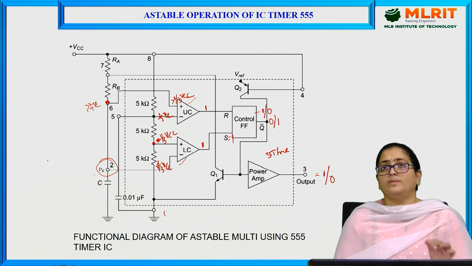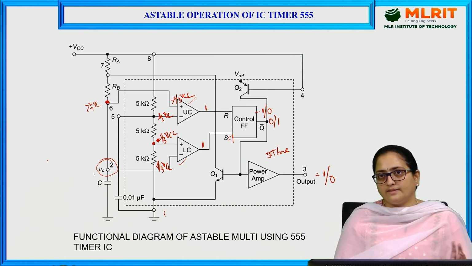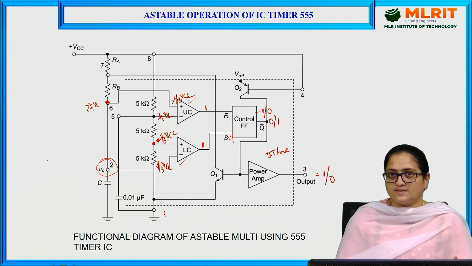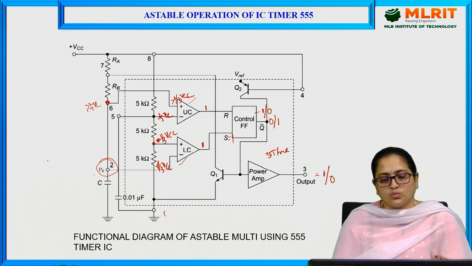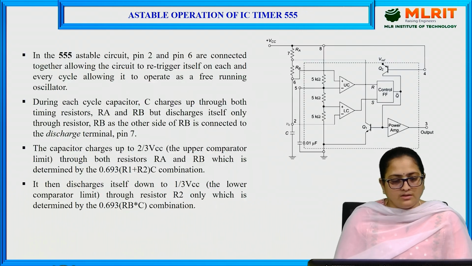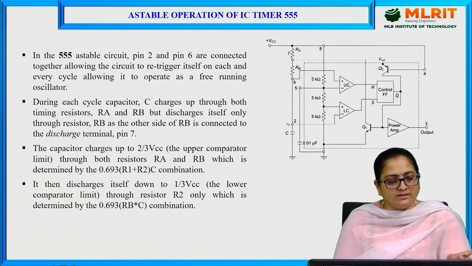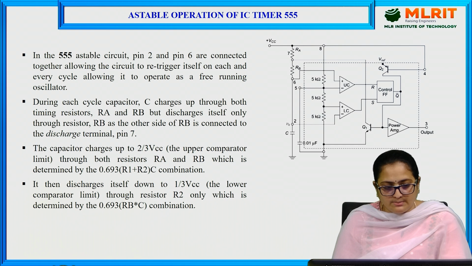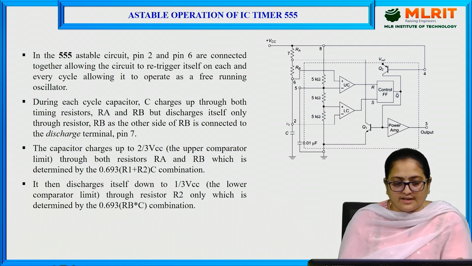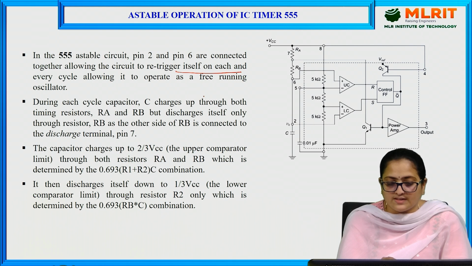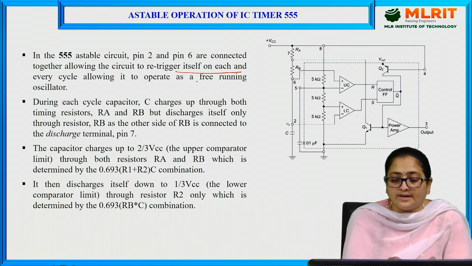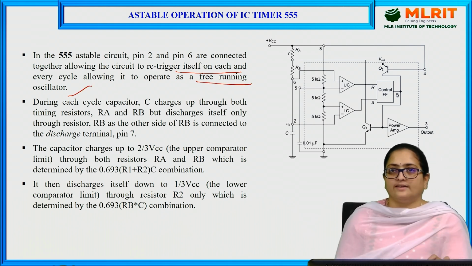So here you will have three external components, which are 2 resistors and 1 capacitor. The capacitor charges through RA and RB towards VCC and discharges only through RB. In the 555 timer astable circuit, pin 2 and pin 6 are connected together, allowing the circuit to re-trigger itself on each and every cycle, allowing it to operate as a free running oscillator.